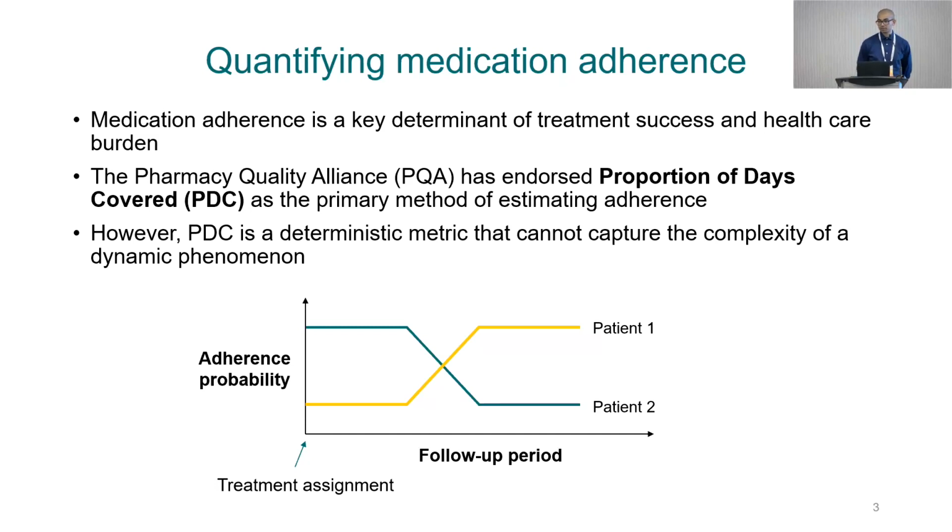And for patient 2, initially they have high adherence, but perhaps because of some toxicity related to the treatment, their adherence decreases over time. Patient 1 and 2 have very similar or identical PDCs, but clearly very different behaviors. And you can imagine for some indications or settings, they would have very different outcomes as well.